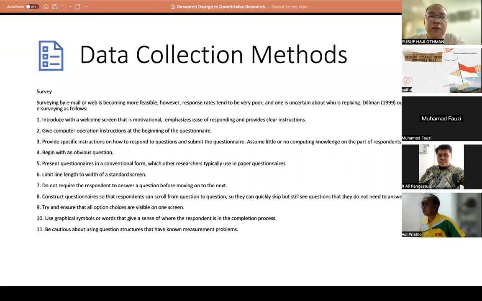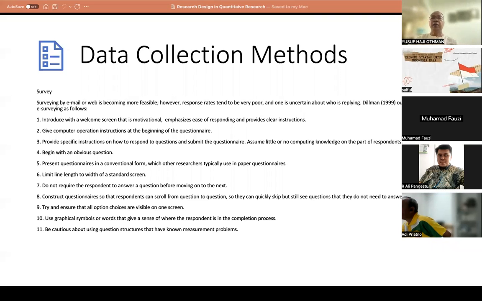How many questions for one construct? There is no magic number. Usually we recommend 8 questionnaire items for each construct, because when you do the validity and reliability test, there might be 1 or 2 questionnaire items that have to be deleted.